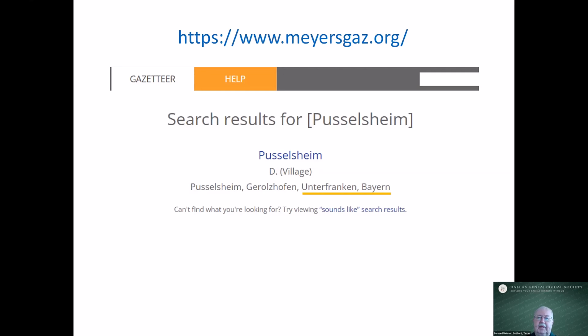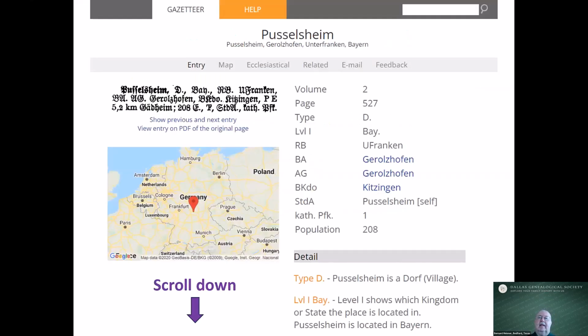it shows me the political jurisdictions and tells me Pusselsheim is in the Unterfranken region of Bavaria. And then I can click through to that. There's that funky Fraktur script. We don't have to worry about it anymore. It's all translated, and shows me where it is on a map.